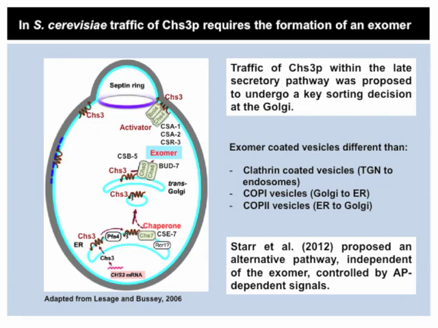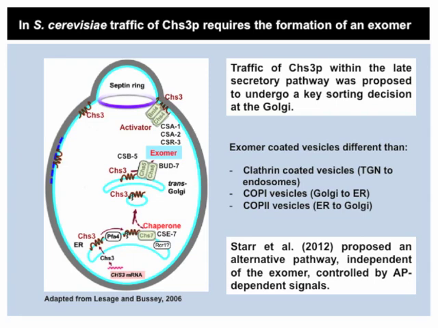They need the exomer, a coat protein that participates in these late steps of the secretory pathway, like a sorting mechanism to decide where to go into the plasma membrane. And then once in the plasma membrane, they also need the action of some activators for this enzyme to be active and start making chitin.